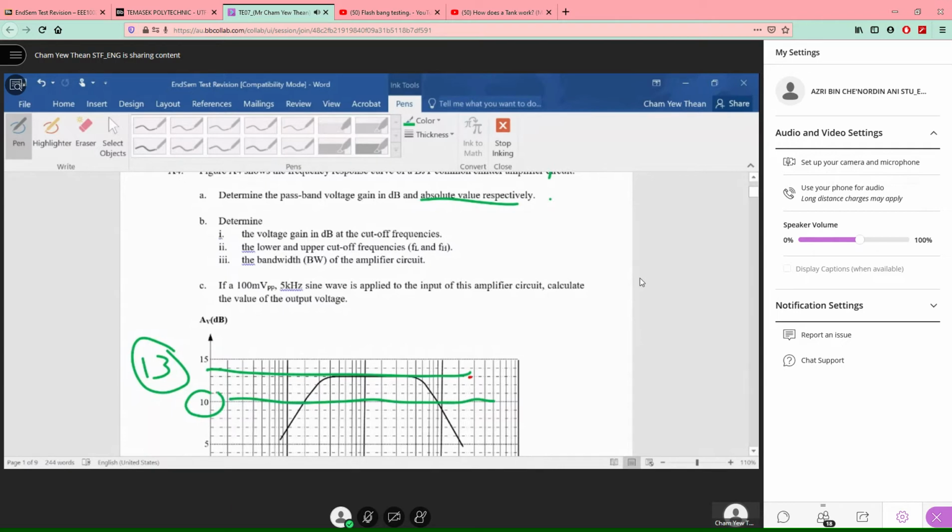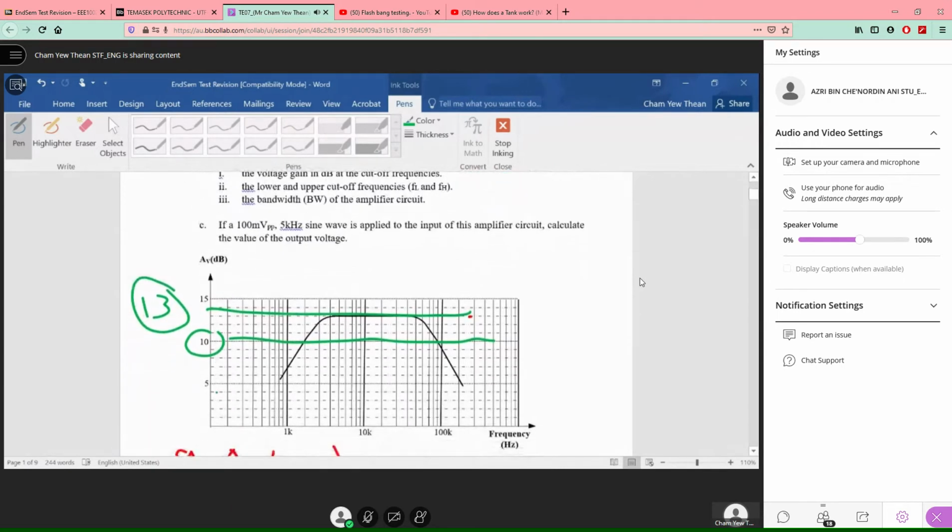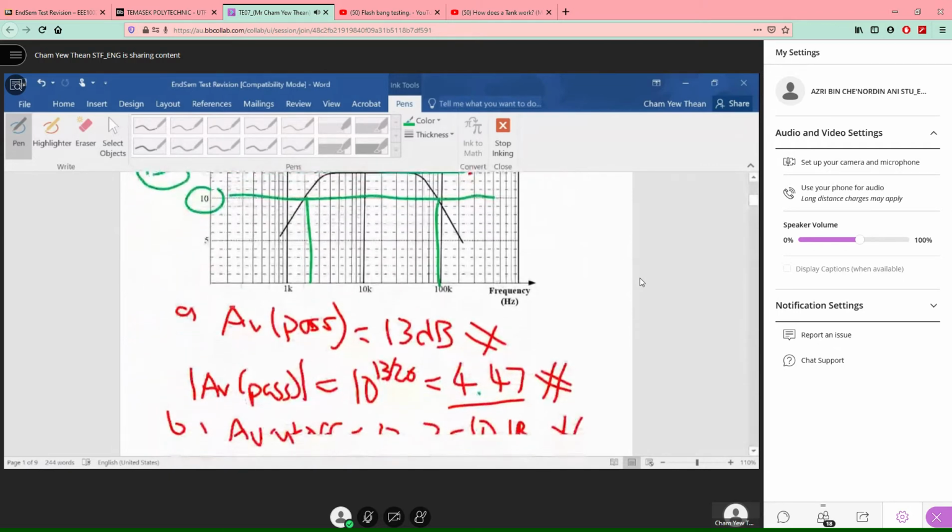From the voltage gain and the cutoff frequency, you can determine your FL and your FH. So what's the FL? 2K. What is the FH based on this graph? Drop down, 90K.